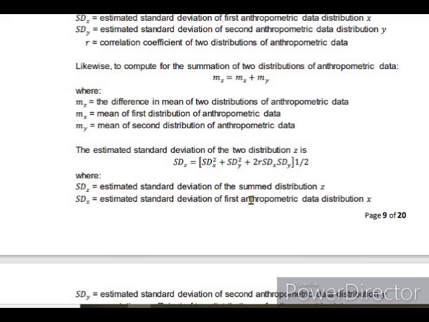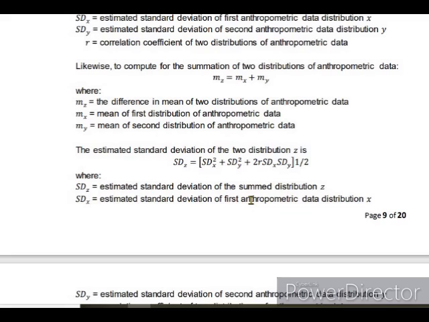Likewise, to compute for the summation of two distributions of anthropometric data, m sub z is equal to m sub x plus m sub y, where m sub z is equal to the difference in mean of two distributions of anthropometric data. M sub x is the mean of the first distribution of anthropometric data. M sub y is equal to the mean of the second distribution of anthropometric data.